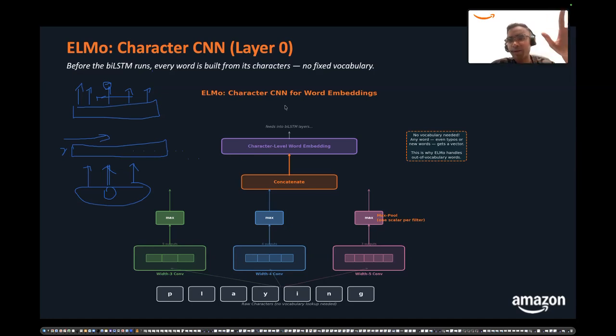Now, the simple objective function in Elmo is the language modeling objective function, which is the MLE, the maximum likelihood estimate of the next word given the previous words in case of forward looking.